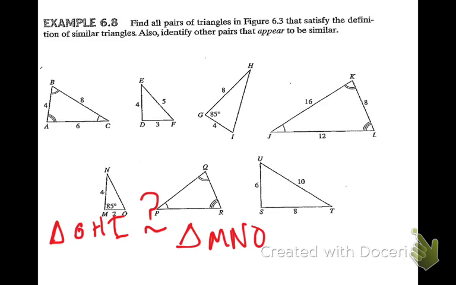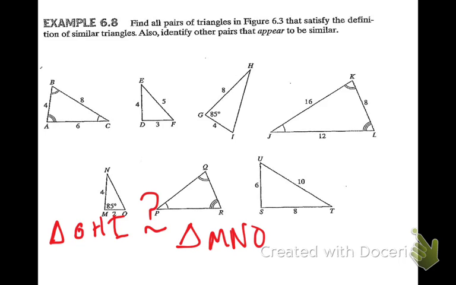Somebody different. Anybody see another one? Zach. Triangle QPR and what? KJL. QPR, KJL. Yeah, from the angles. Okay.